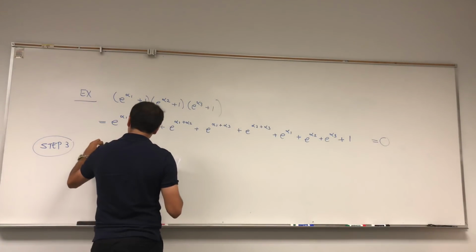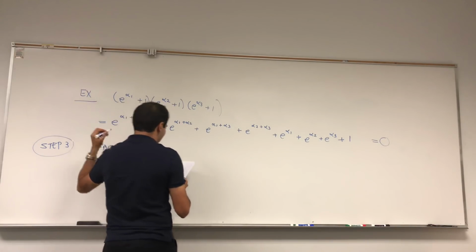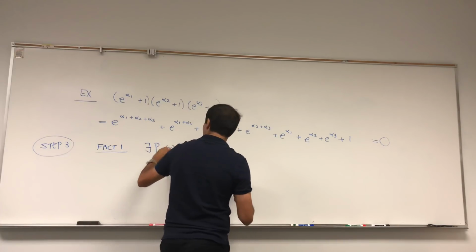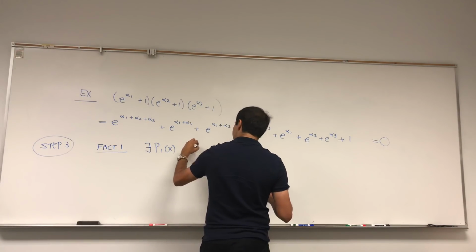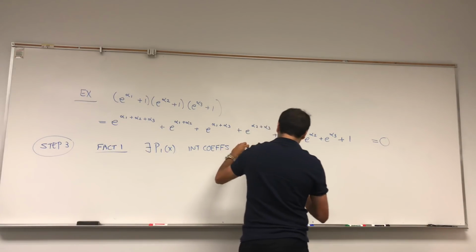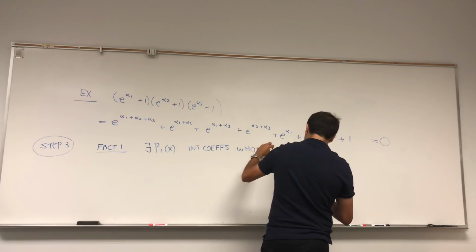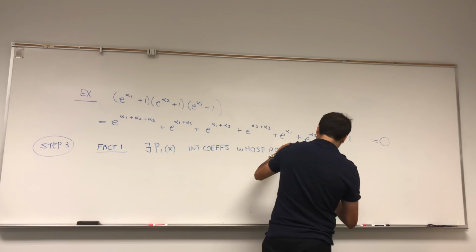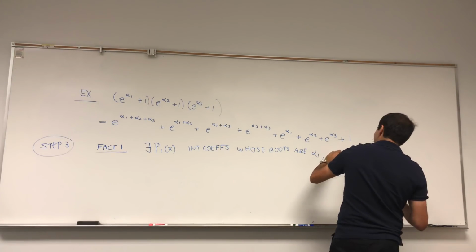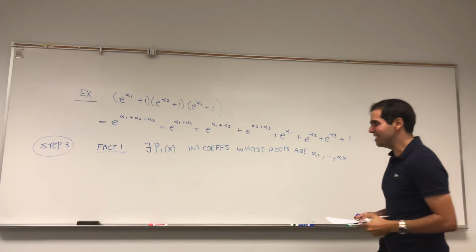So fact 1, this I do know because we just constructed it at the beginning. There is a polynomial with integer coefficients whose roots are alpha 1 up to alpha n. Okay, that was at the very beginning.